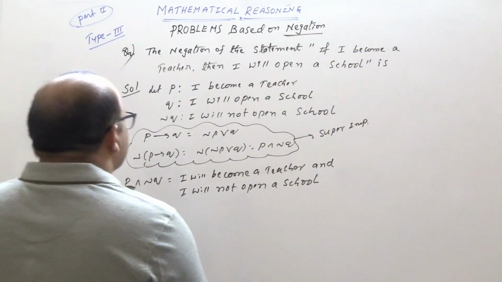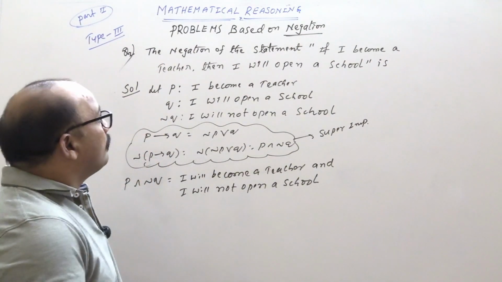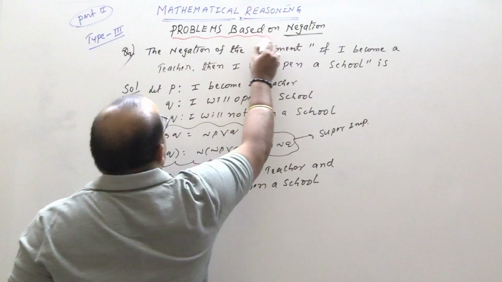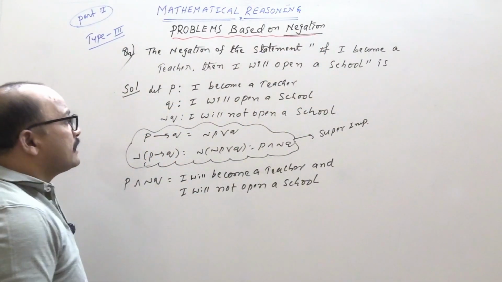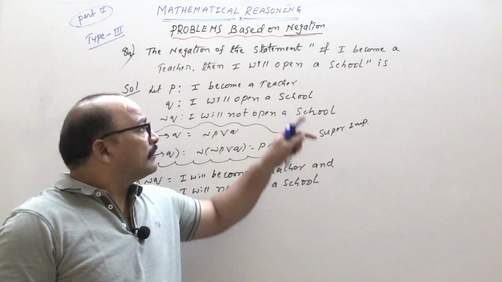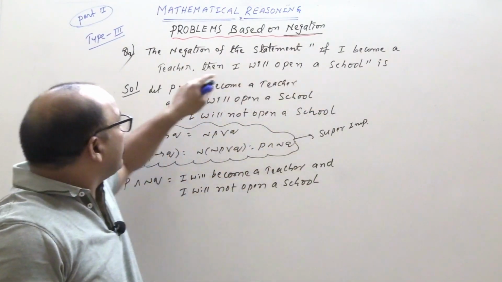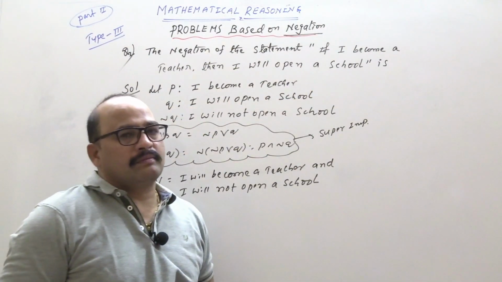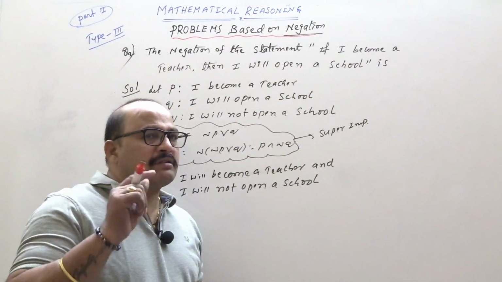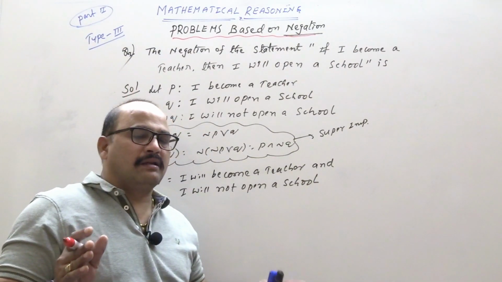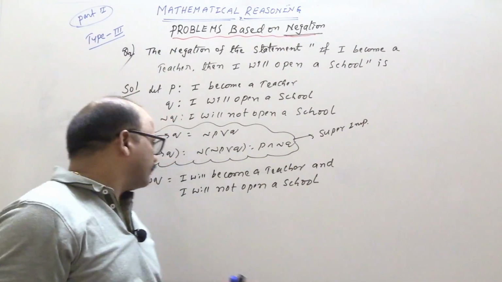Yes students, this is the second question based on negation concept. So once read that question, students. The negation of this statement, easy, dead easy question. If I become a teacher, then I will open a school. If then, immediately your brain will suggest that implication table.